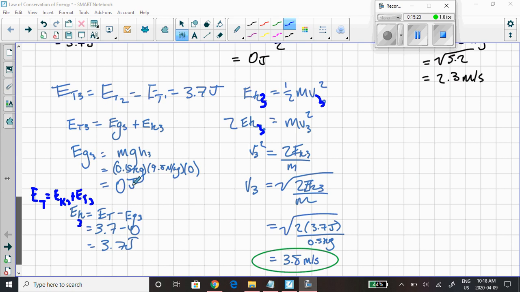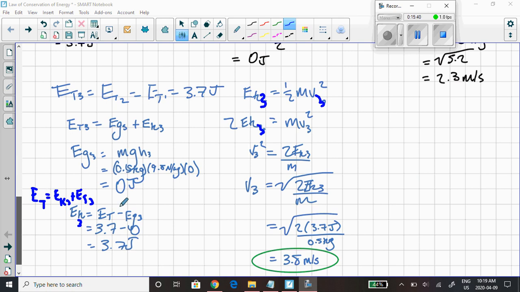And we can prove it by remembering that total energy is equal to kinetic energy in the third position plus gravitational potential energy in the third position. I'm going to bring gravitational potential energy in the third position over to this side, and it becomes negative.